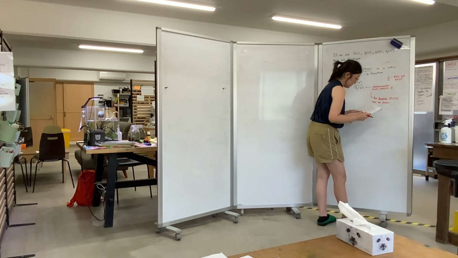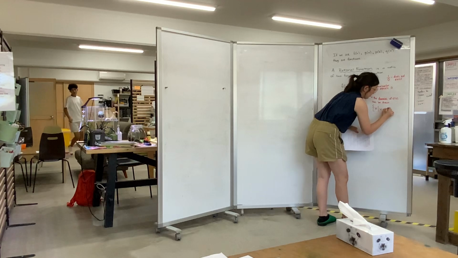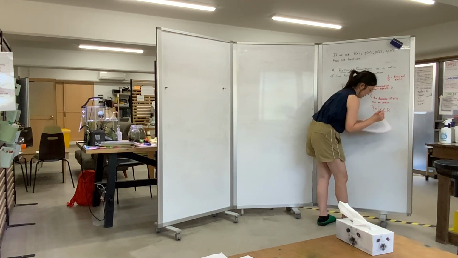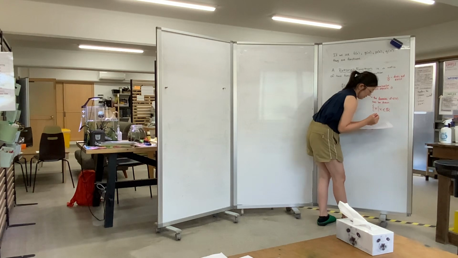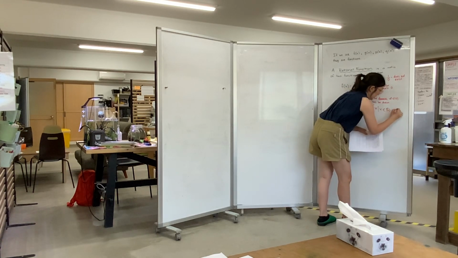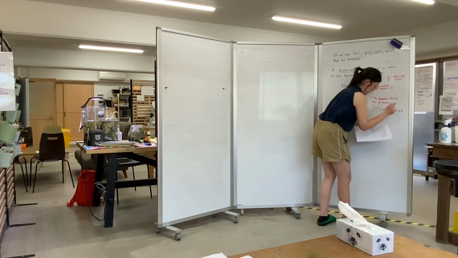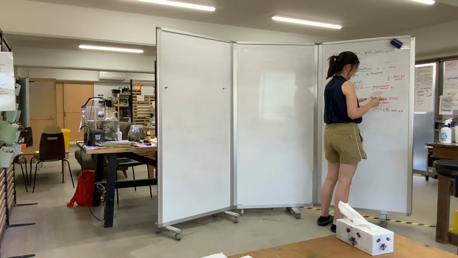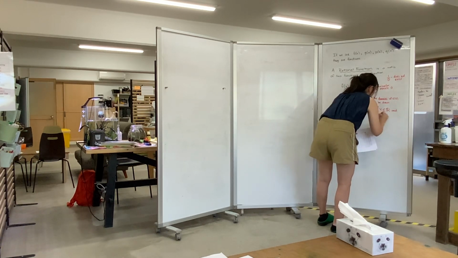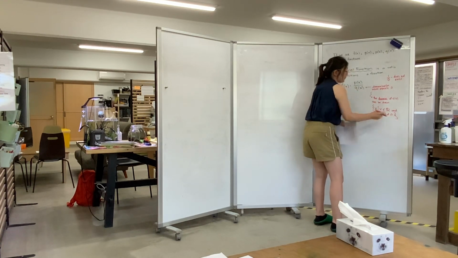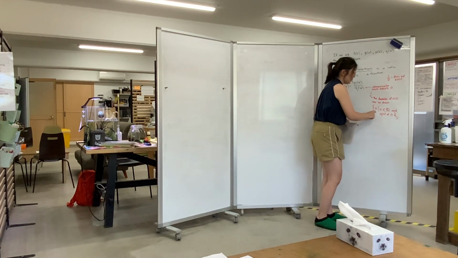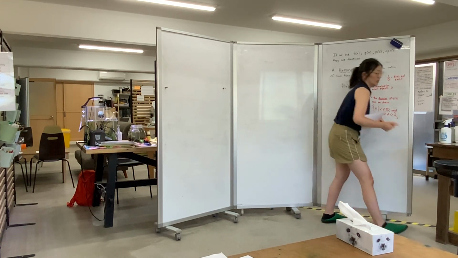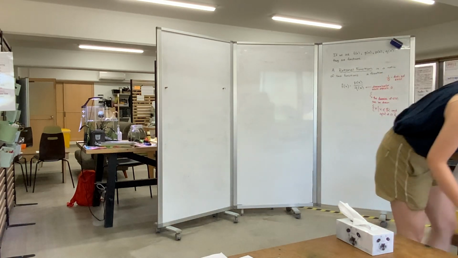But two things, okay? So you're going to put in brackets, and then x is, the domain of x is, let's translate this, includes all real numbers.